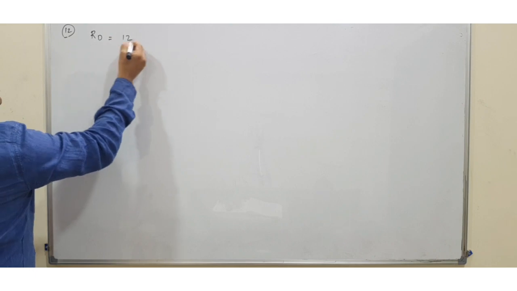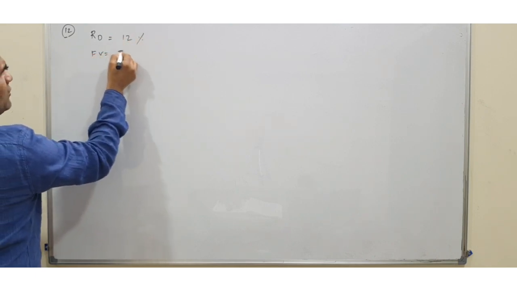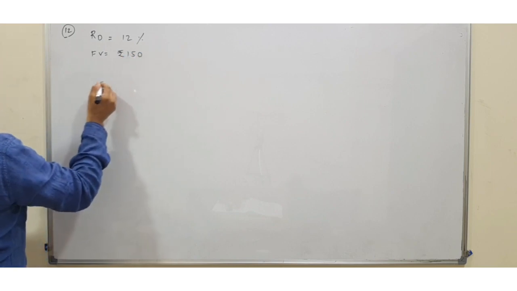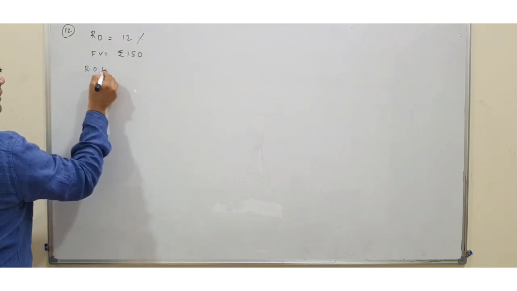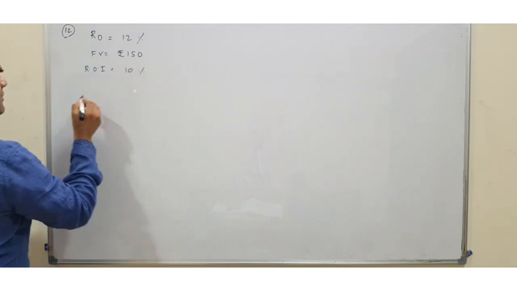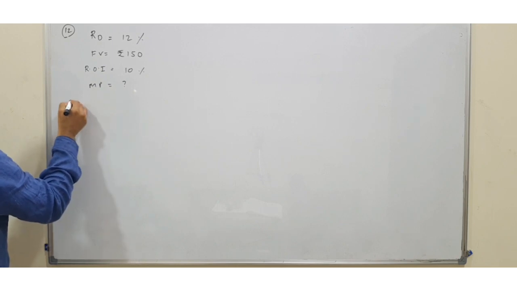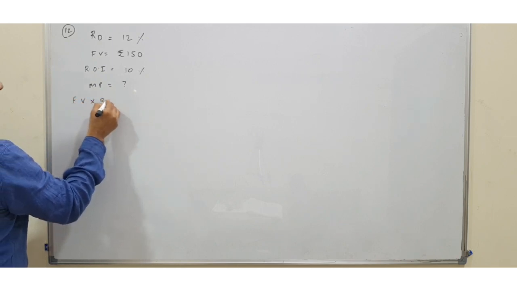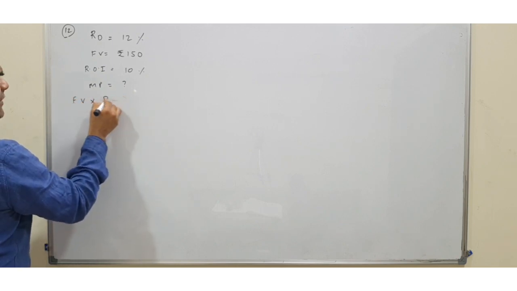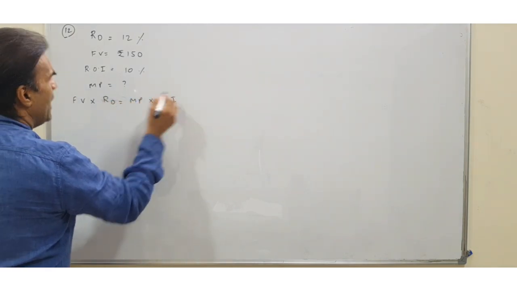Rate of dividend 12%. What about the face value? Sir, rupees 150. Return on investment, that is also given to us, I guess, 10%. What about the market price of the share? We can use the formula: face value multiplied by rate of dividend equals market price multiplied by ROI.